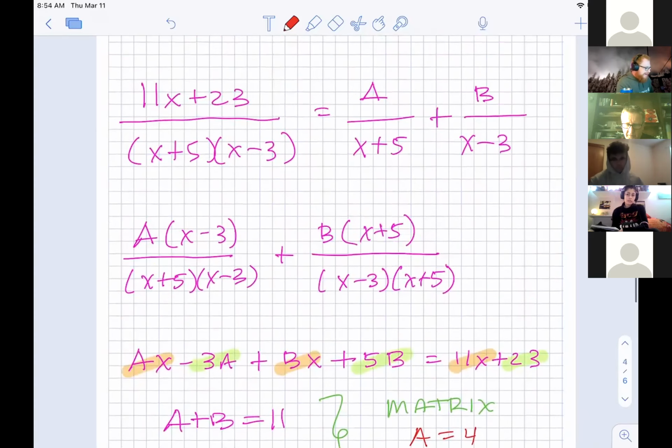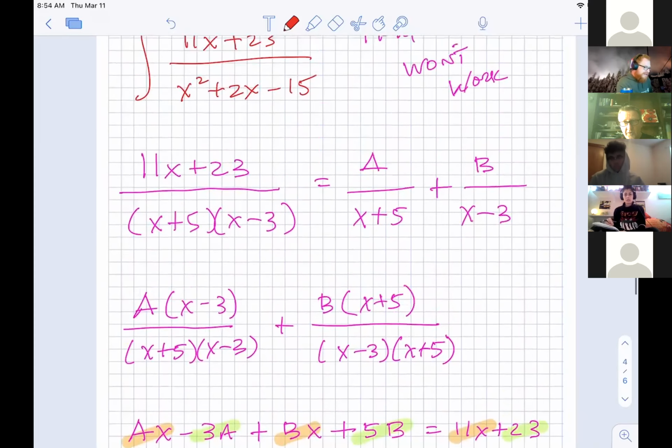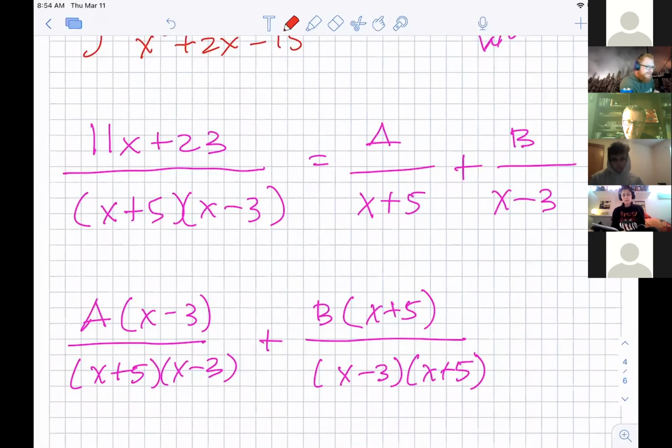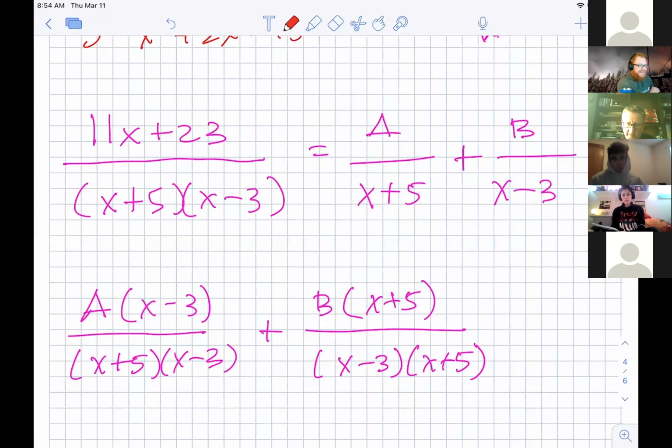Yeah. So either I or you made an algebra mistake, in the sense that it doesn't matter which one you put over which one. If I had switched these, if I'd called this B and this A, then I would have got the same answer as 4 and 7, but they would have been backwards. Like if A was 7, now B will be 7. You should get the same answer in the end.